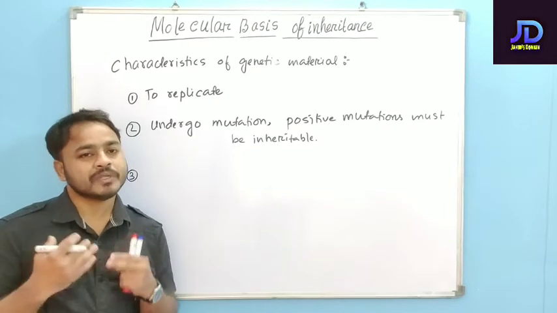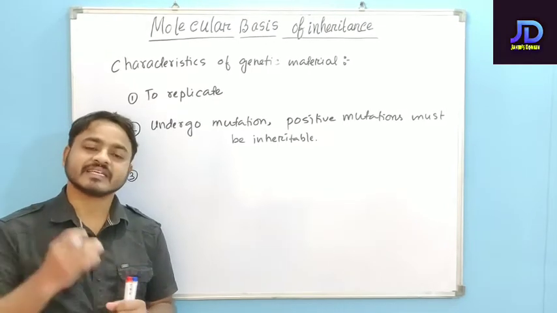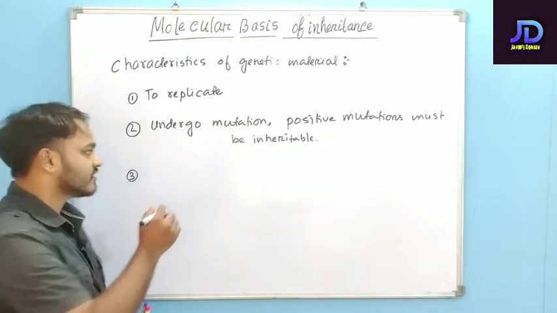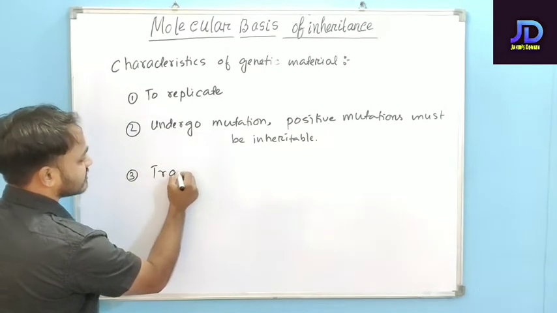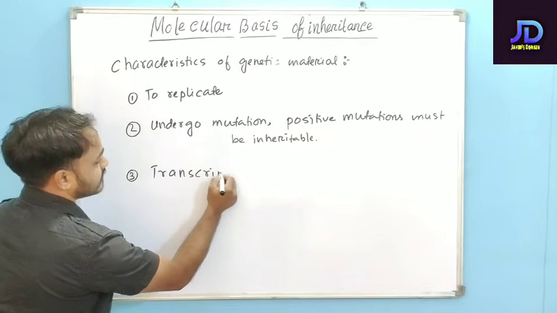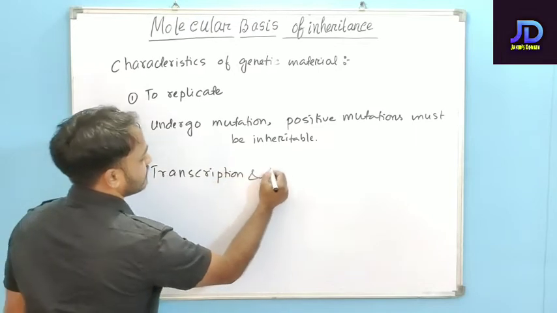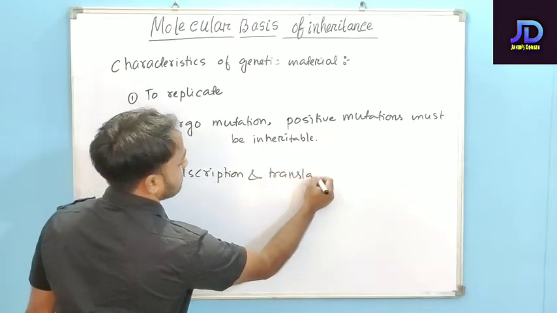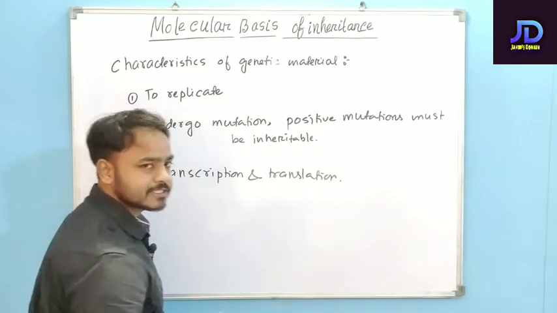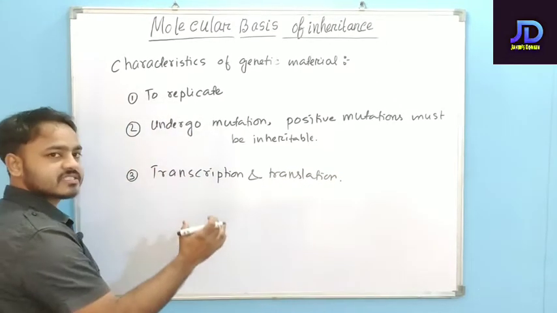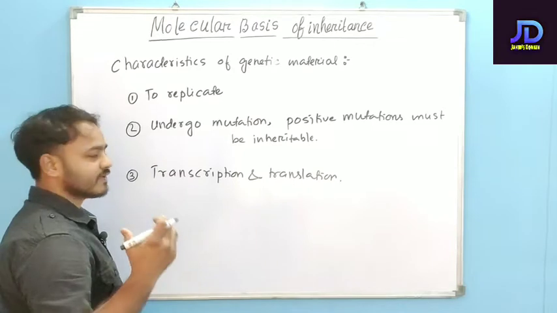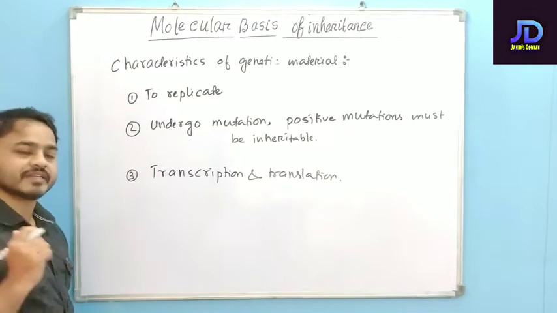That means the genetic material must undergo transcription and translation, or in other words, it must undergo translation into its working form, right? This is the third characteristic of genetic material.